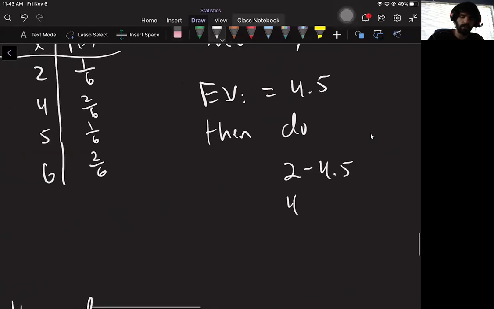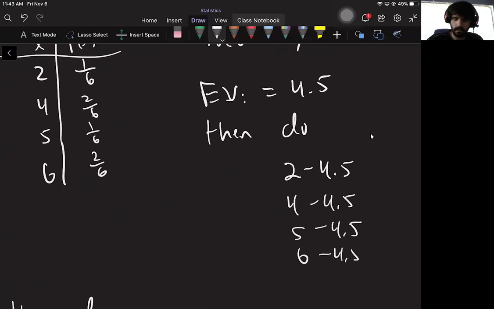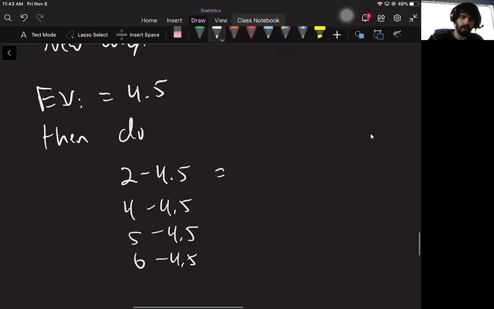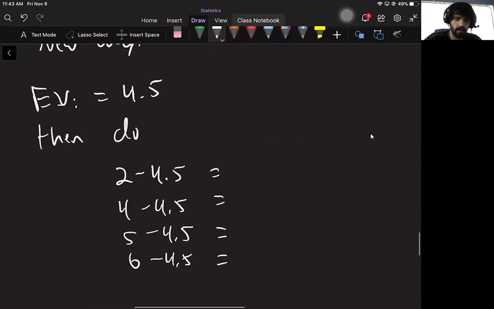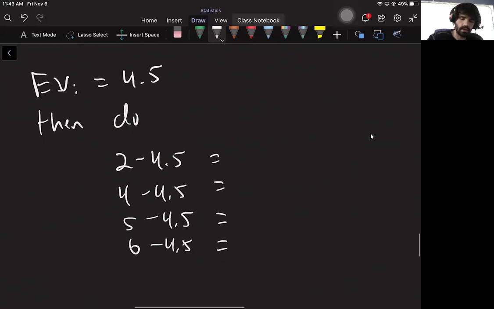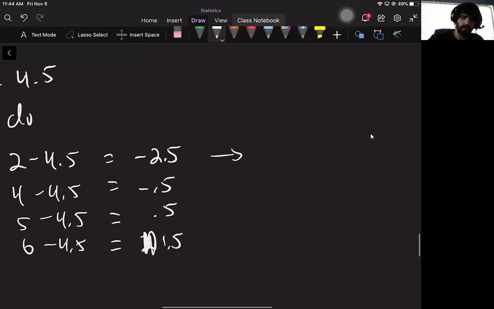So there's just 2, there's 4, there's 5, and there's 6. And instead of doing them as often as their data appears, I'm going to bring that in by using probability after. So if I do these, I get negative 2.5, negative 0.5, 0.5, and 1.5. Then I'm going to square these.